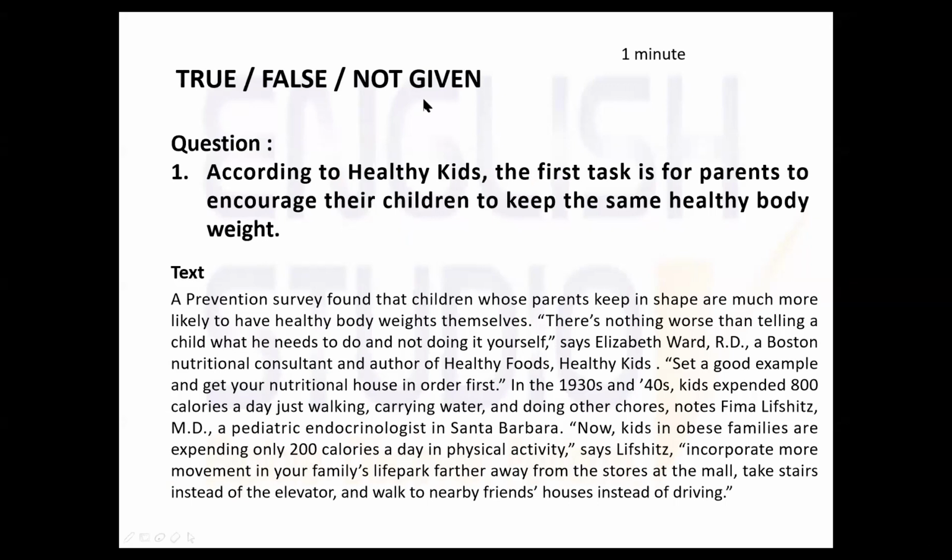You have to answer true, false, or not given. Your time start now. 30 seconds left.